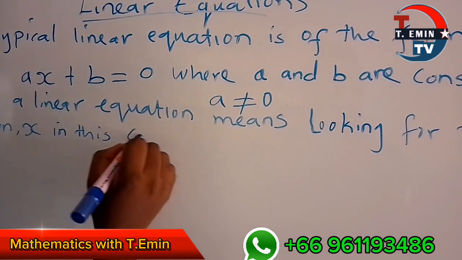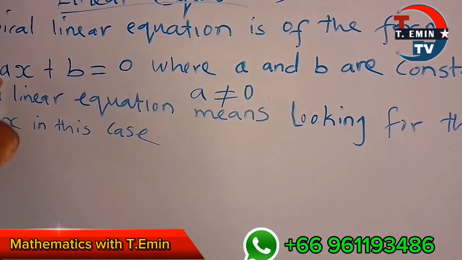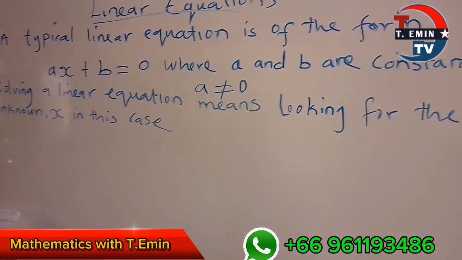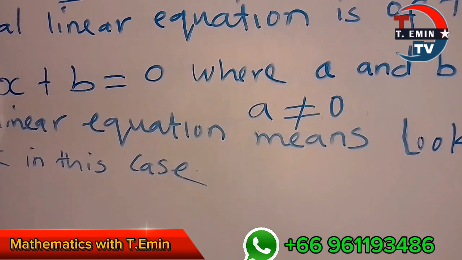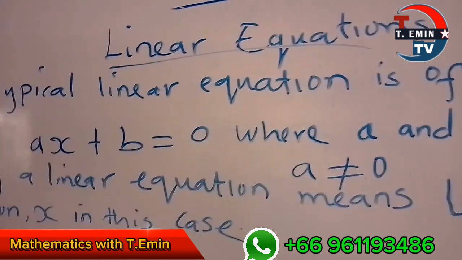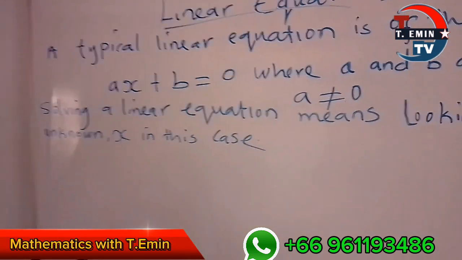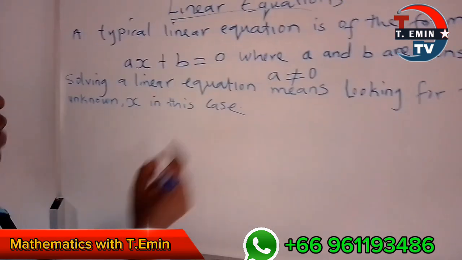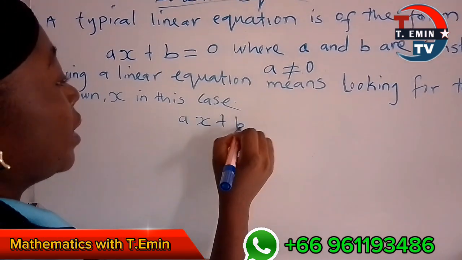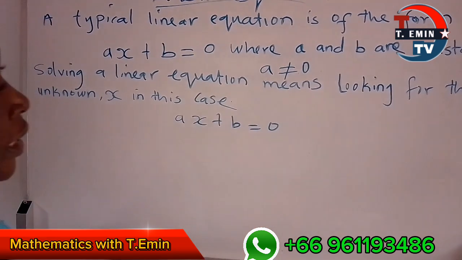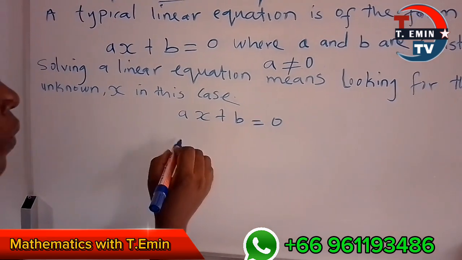So in this case our unknown is x. To get the value of x, generally we proceed as follows. So to get the value of x in this equation ax plus b equal to 0, we proceed as follows.